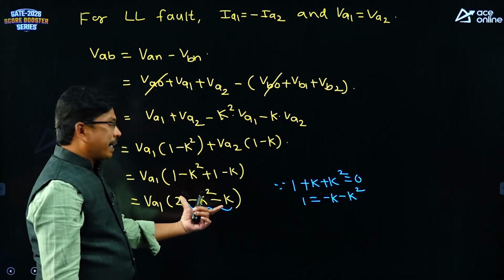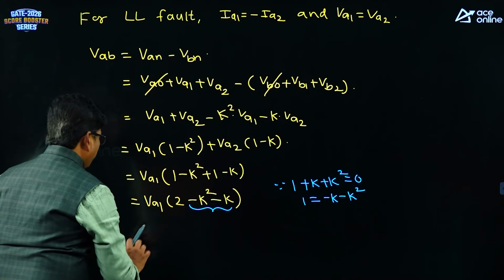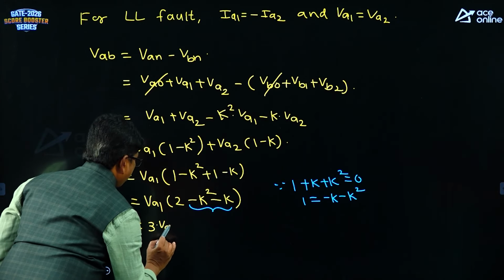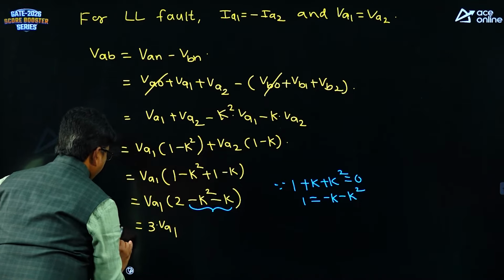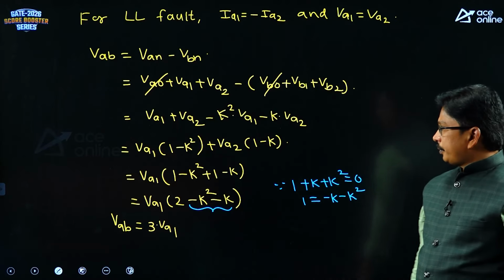In place of minus K square and minus K, I can write plus 1. Plus 1 and 2, it will be 3. Therefore, this is 3 times VA1. That is the value of VAB.